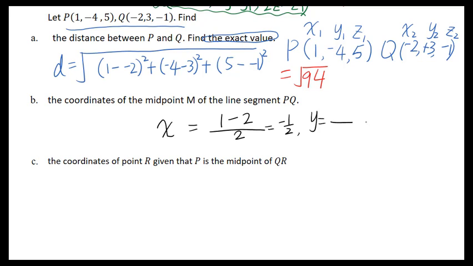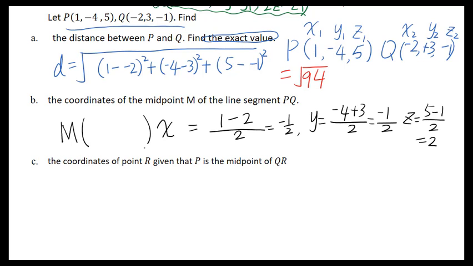For y equals (-4 plus 3) over 2, still -1 over 2. For z equals (5 minus 1) over 2, that equals 2. Then we can write down the coordinates for this midpoint M, that is (-1/2, -1/2, 2).